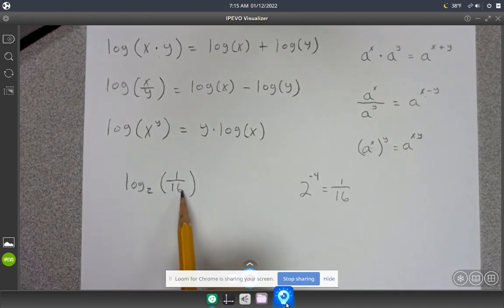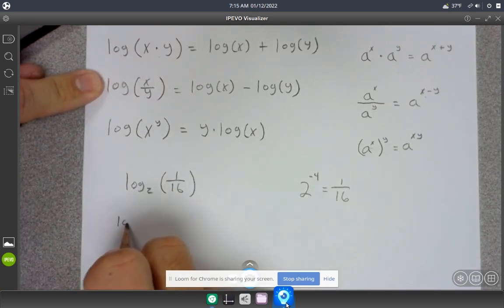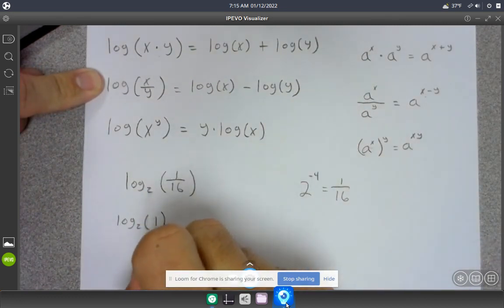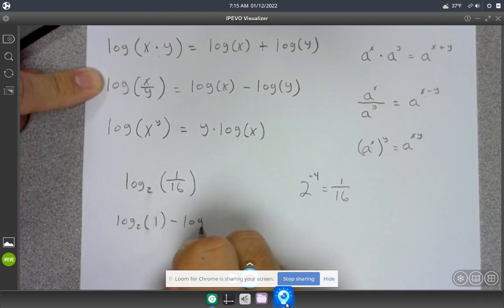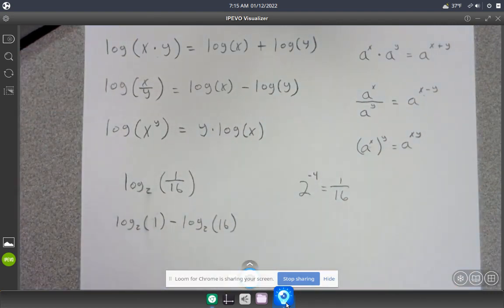I'm going to rewrite this using this logarithm rule. So I could rewrite it as log base 2 of 1 minus log base 2 of 16, using that subtraction rule.